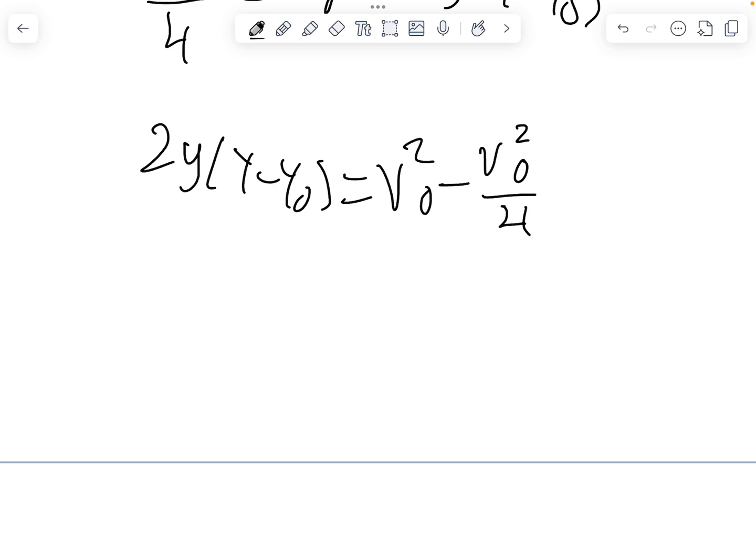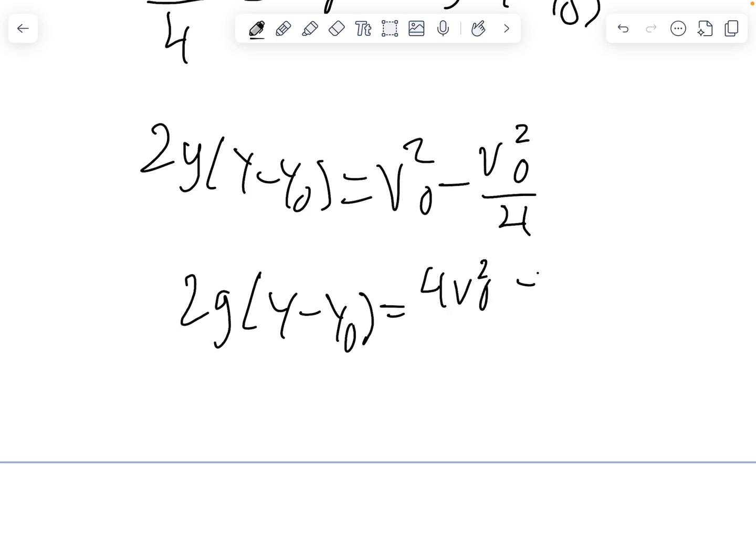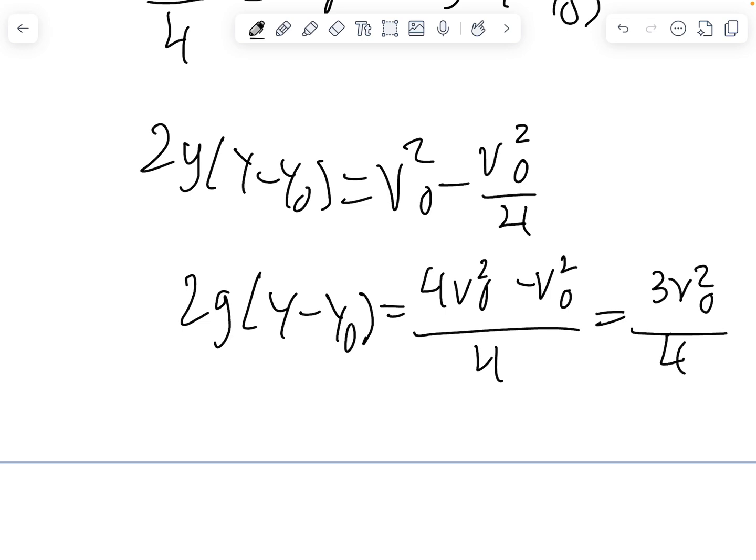With that, we can solve. That gives 2g times (y minus y zero) equals 3 times initial velocity squared over 4.